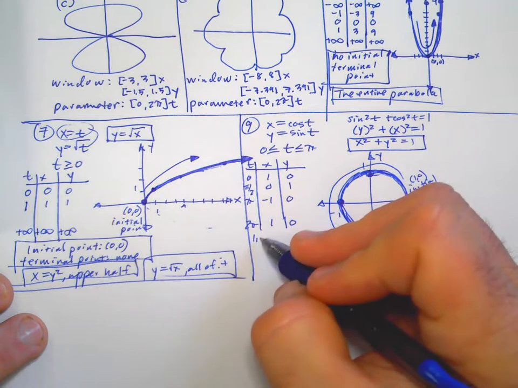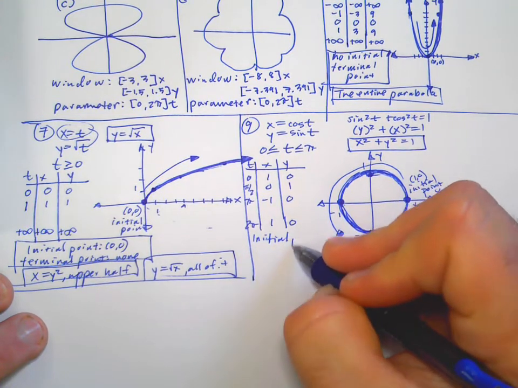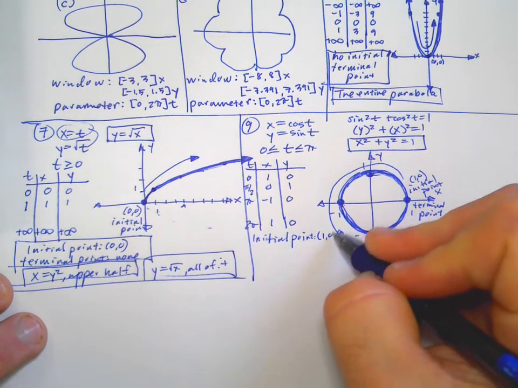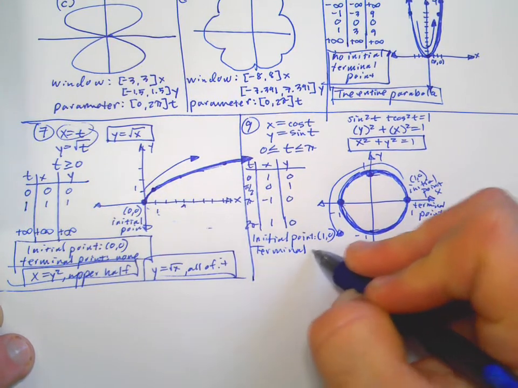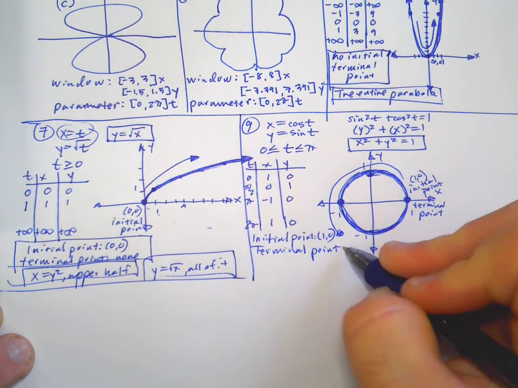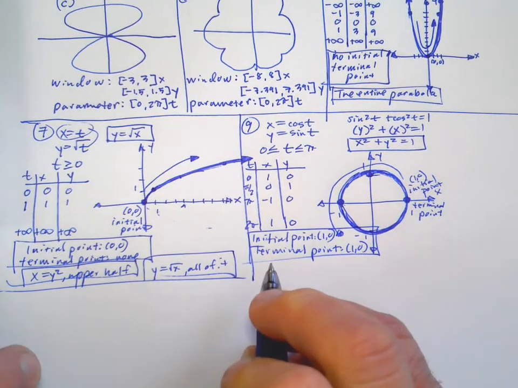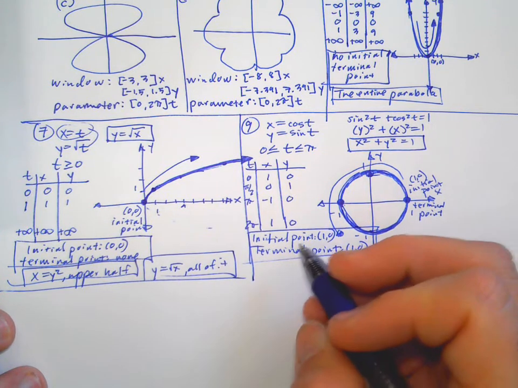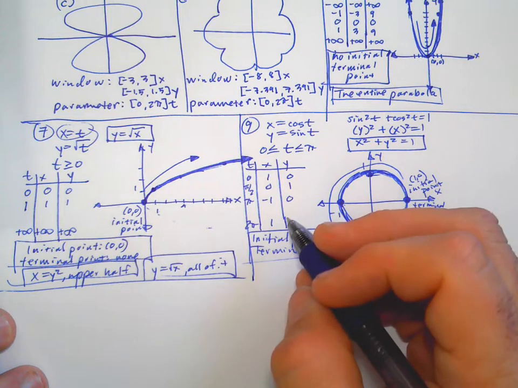So the initial point is 1, 0. The terminal point is 1, 0. And it's the whole, oh shoot.